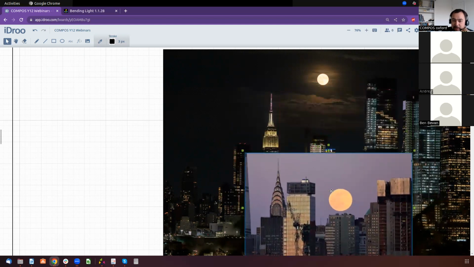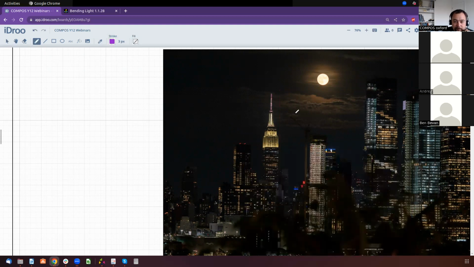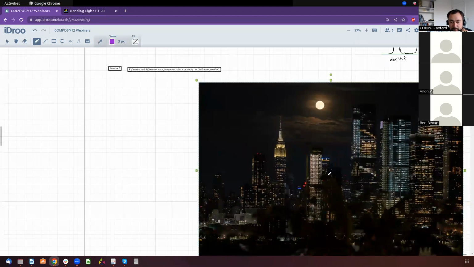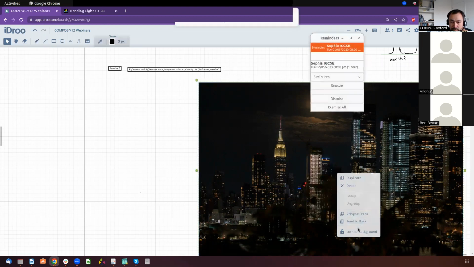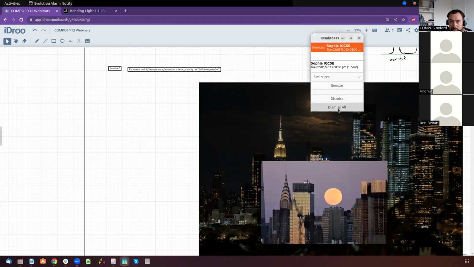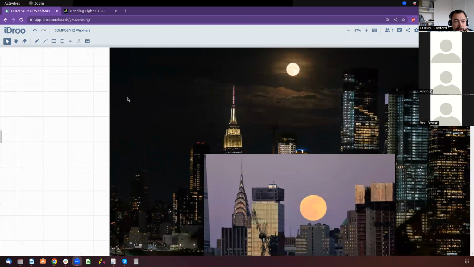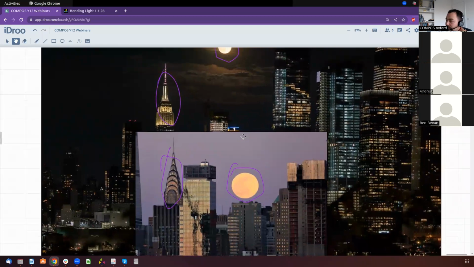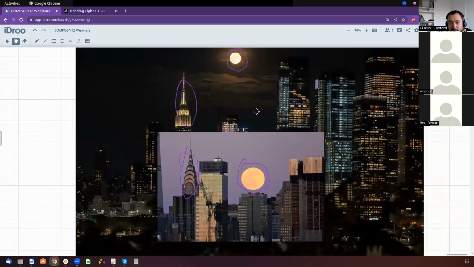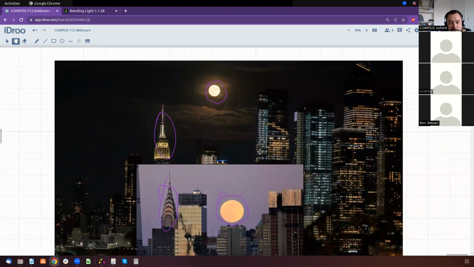I'm comparing these two buildings, and I'm comparing the size of the moon, and you can see that this moon looks absolutely massive. Does anyone know why?